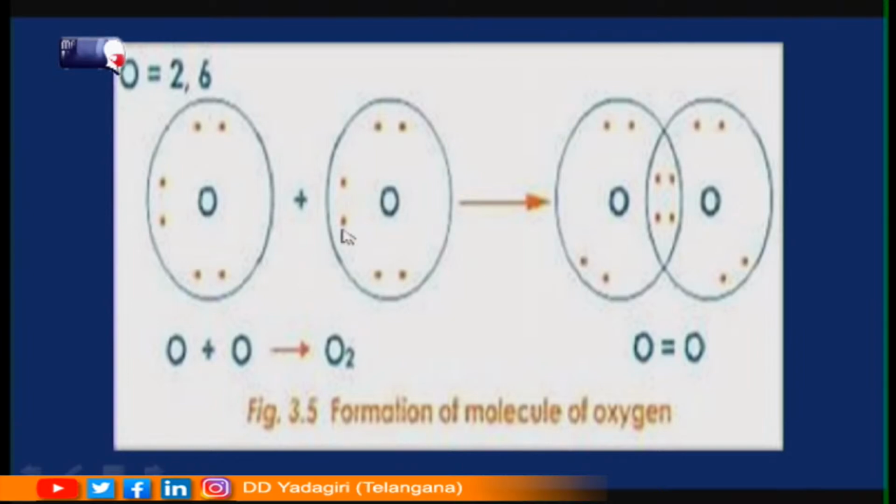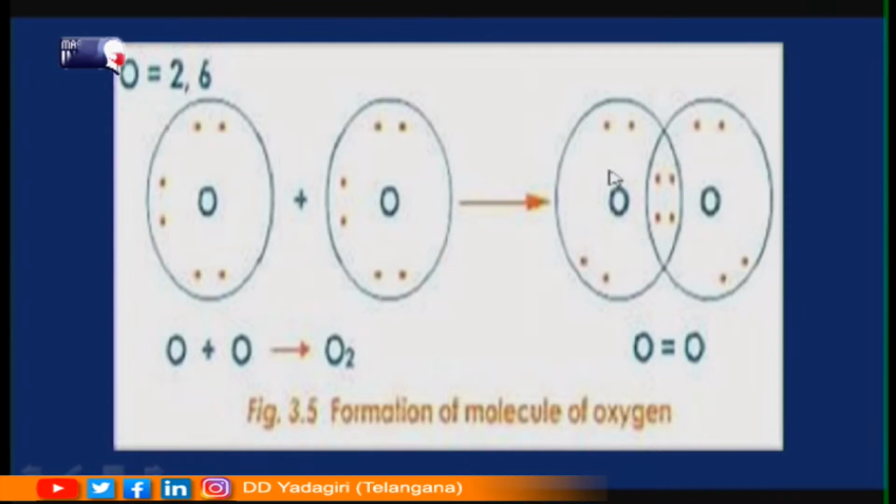So, when two oxygen atoms come closer, they share 2 pairs of electrons between them. And now, if you look at this oxygen atom, this has 8 electrons in the outermost shell. And now, look at this oxygen atom, it also has 8 electrons in the outermost shell.